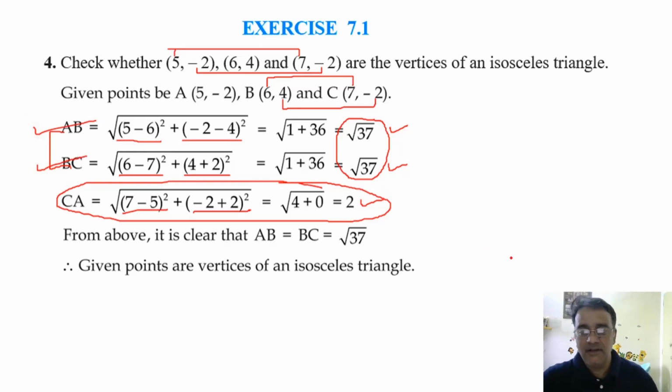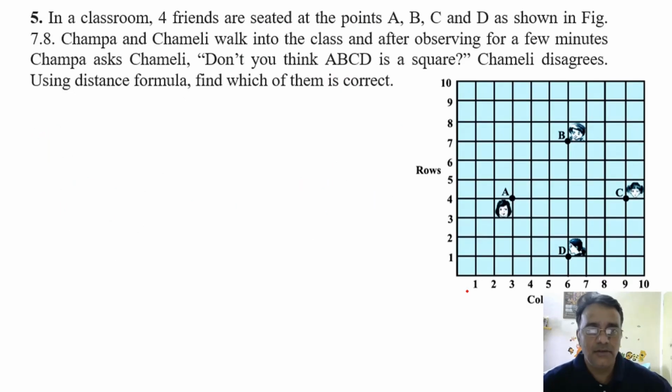Because the third one may or may not be equal. अगर इक्वल होगा तो वो equilateral triangle होगा, and all equilateral triangles are isosceles, but all isosceles triangles are not equilateral triangles. Whether this doubt is clear, इसको छोड़ सकते हैं. Okay, now fifth question.